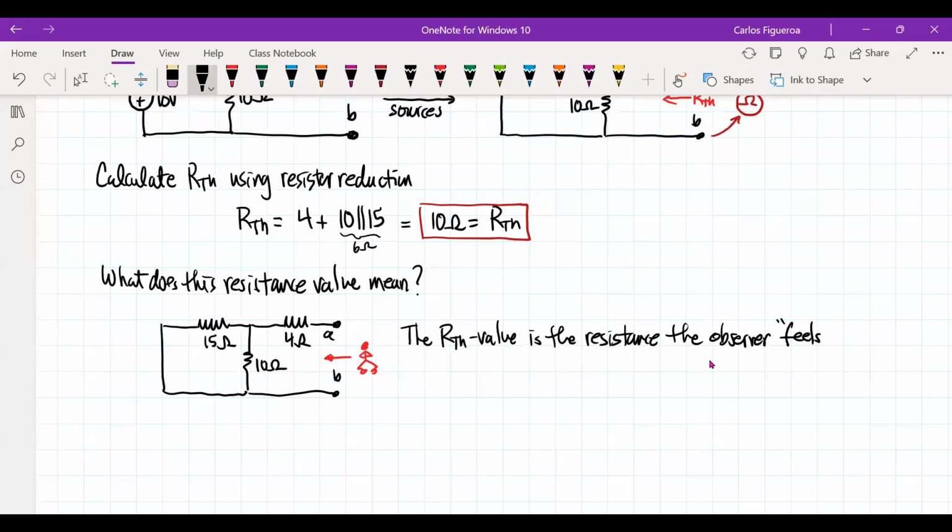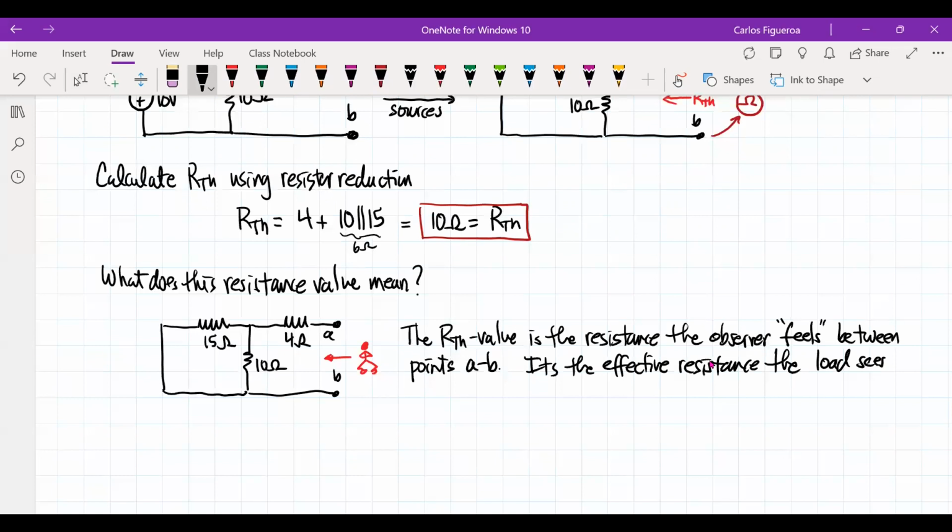Now, the word feels is an odd one, but feels between points A, B. It's the effective resistance the load sees. And in this case, the effective resistance is 10 ohms, right? It's a combination of these resistors.